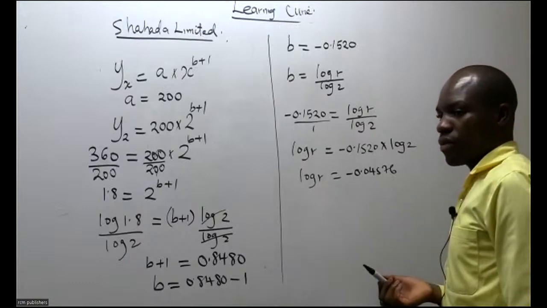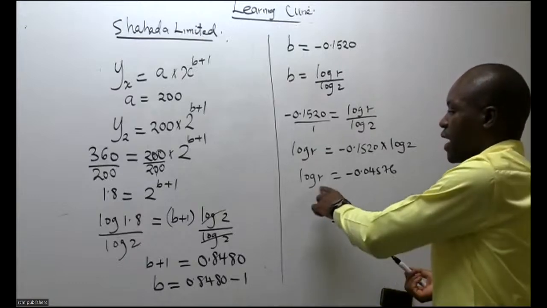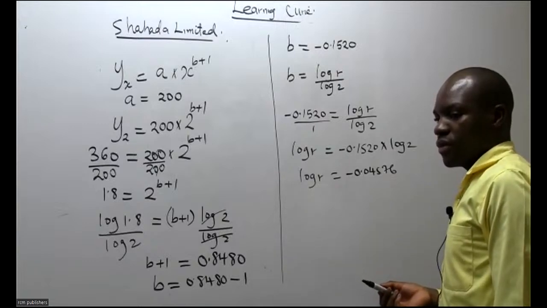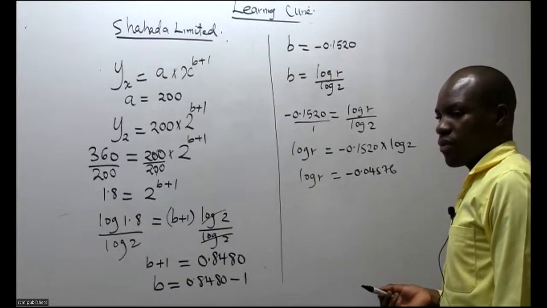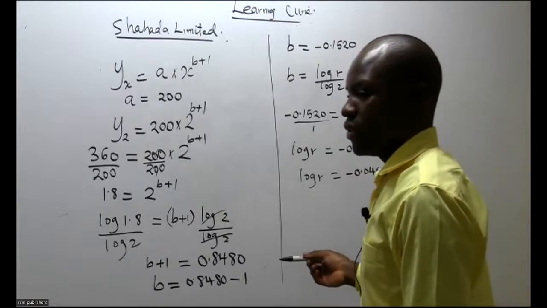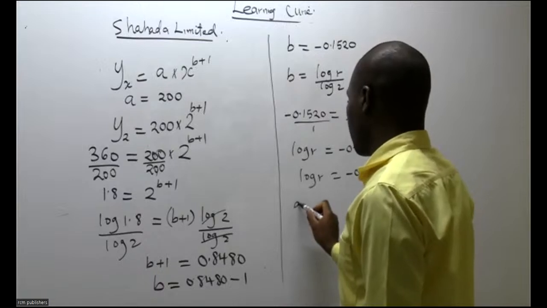I want to get R. If I want to get R now, not log R, what do I do? I need to get the anti-log. Just get the anti-log.